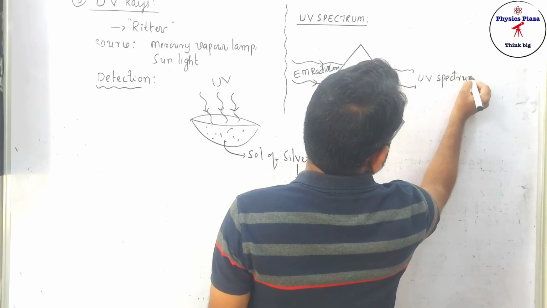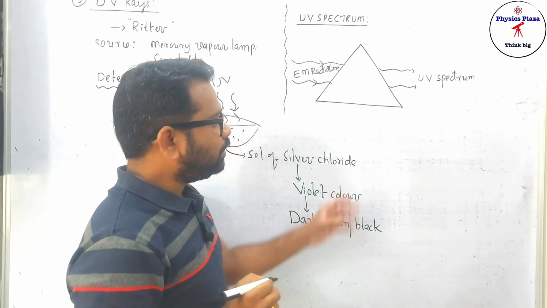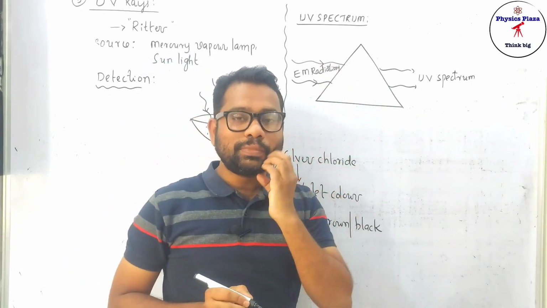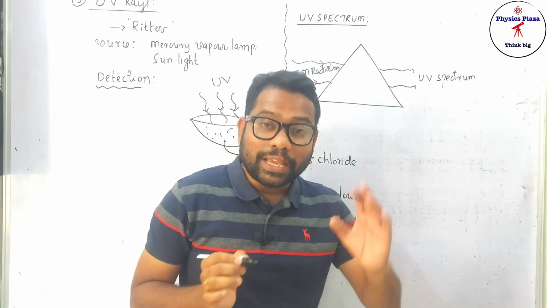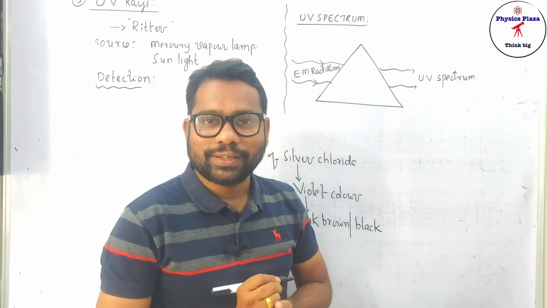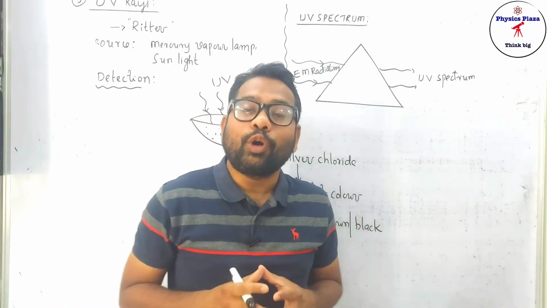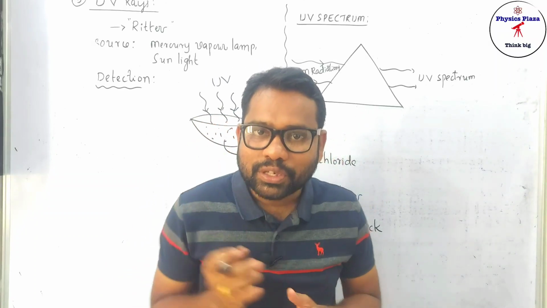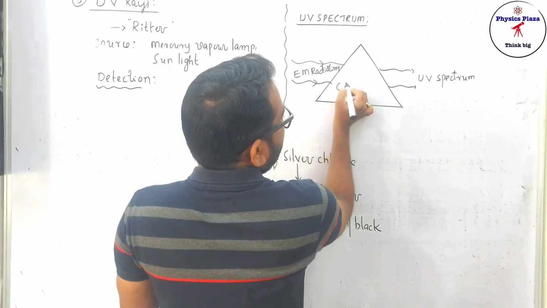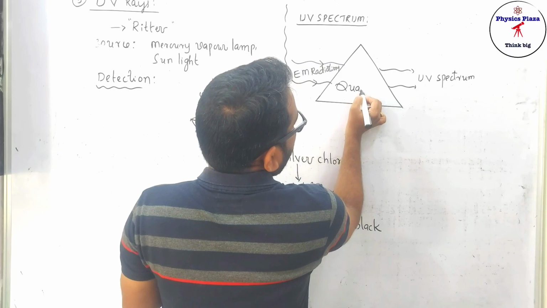Children, it is possible only when this special prism can absorb all radiations except UV radiations. Then what is the name of that? The examination part is very important. So how can we obtain the UV spectrum, children? For that we use quartz.